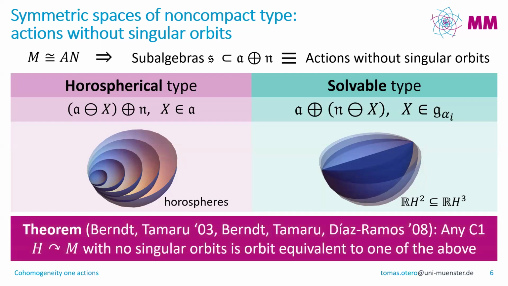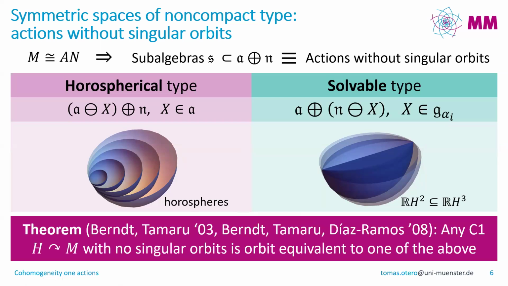And there's this nice theorem originally due to Berndt and Tamaru, and they did it for irreducible spaces and later generalized to also reducible ones, which says that if a cohomogeneity-one action does not have any singular orbits, then it has to have the same orbits as one of these two actions constructed this way.